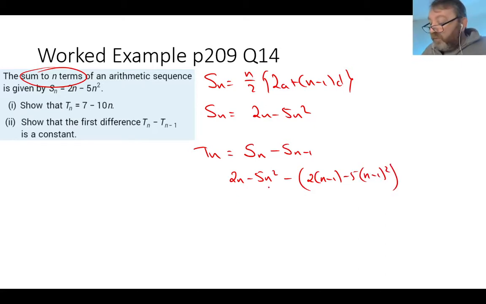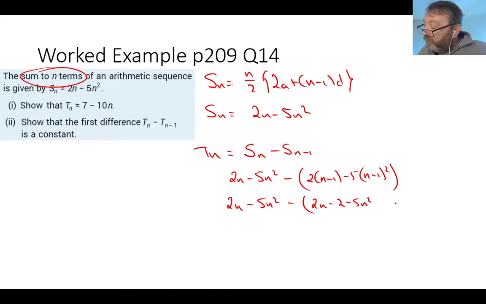Okay, so now we've got to work this out. 2n minus 5n squared minus bracket 2n minus 2. And then here, be careful. N squared by minus 5 is minus 5n squared. Minus 1 squared is plus 1, so that's minus 5 at the end. Multiply these two together, double the result, and then multiply by minus 5, that gives me plus 10n.